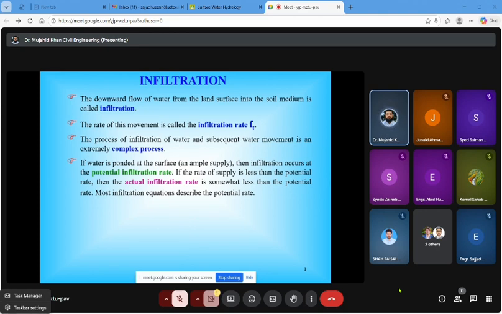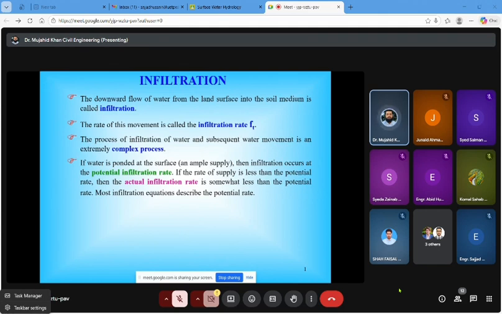The process of infiltration and subsequent water movement is extremely complex because it depends on a number of variables like availability of water, slope of the infiltrating surface, condition of the soil, and the homogeneity or heterogeneity and other properties of the soil. So it is a very complex phenomenon.